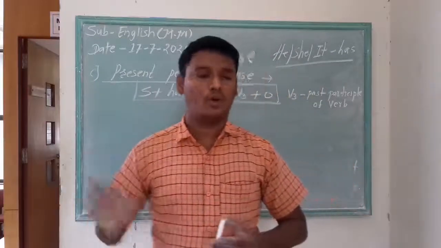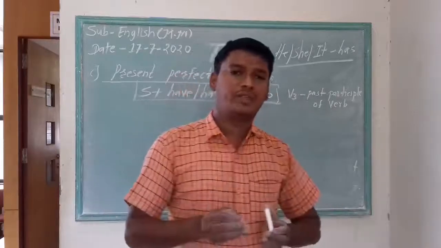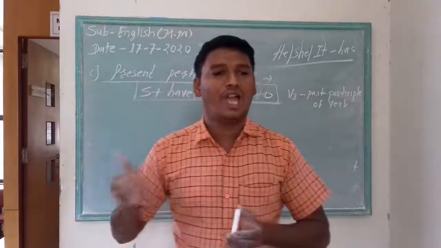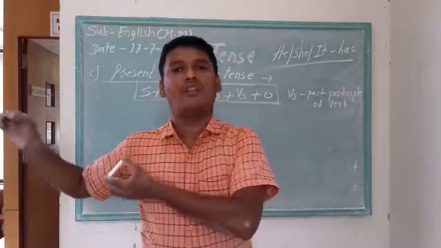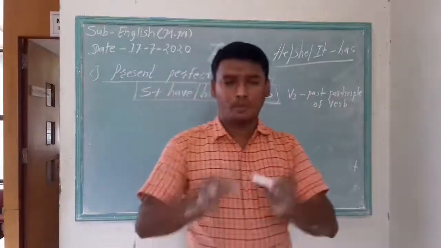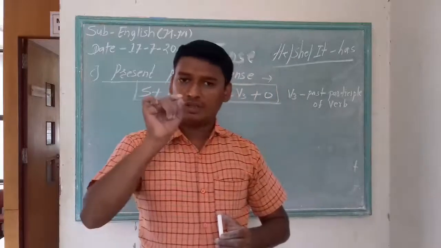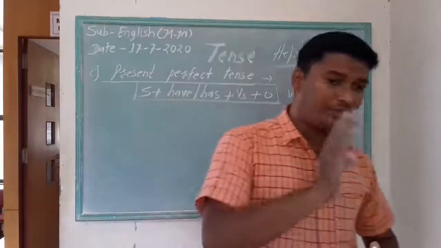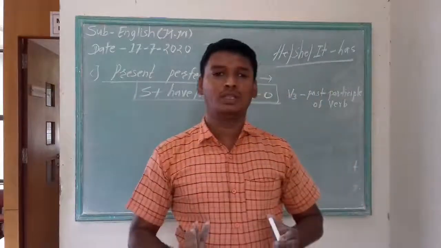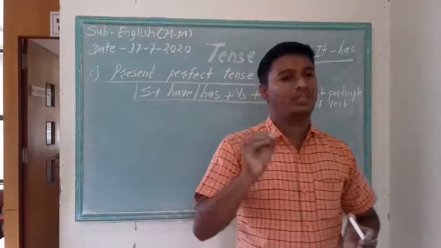It's completely wrong. Many students also write he have, she have, my grandfather have. It's totally wrong. So please note this point properly. Only after third person singular, after he, she, it, we take has.